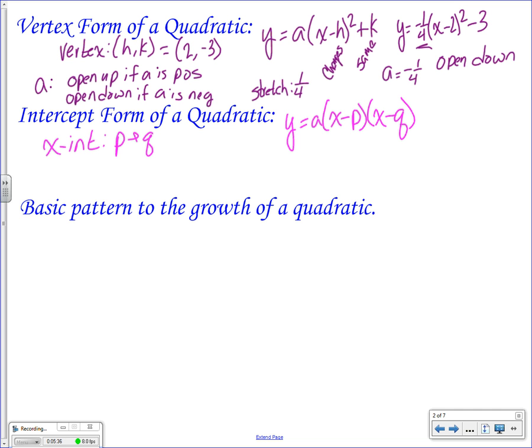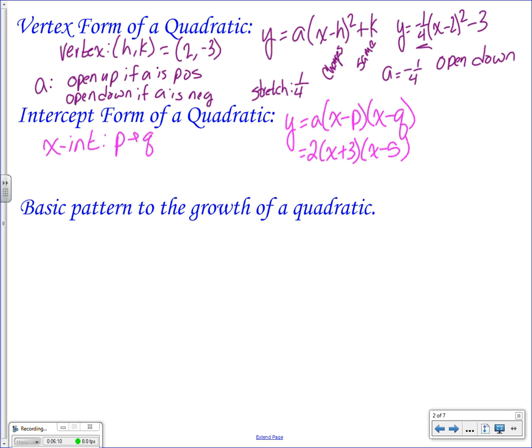So if I have an example, 2(x plus 3)(x minus 5), sounds good, right? I want to make sure it's even, so we don't fill with fractions right now. So p and q, I don't care which one's p and q.